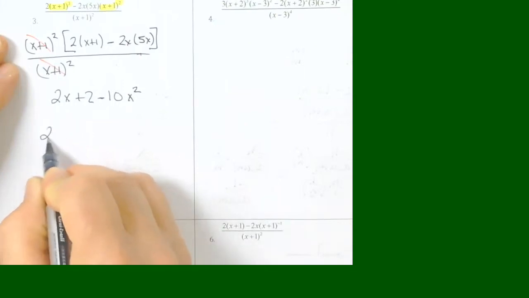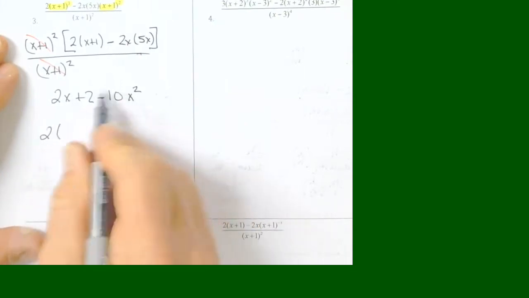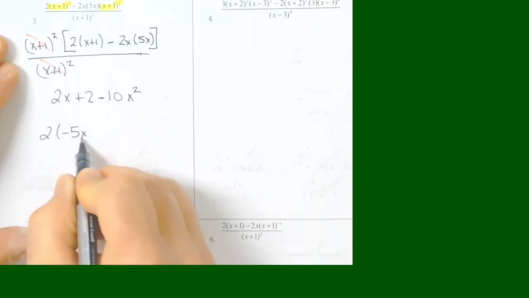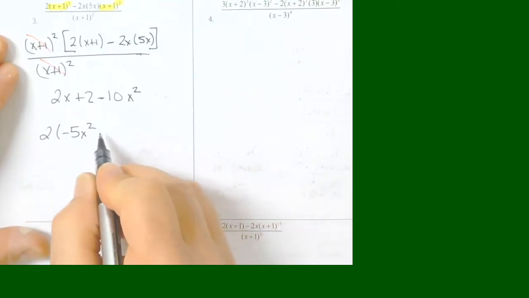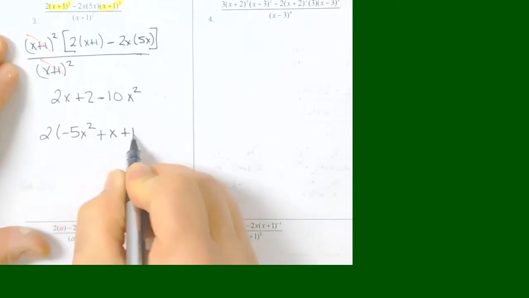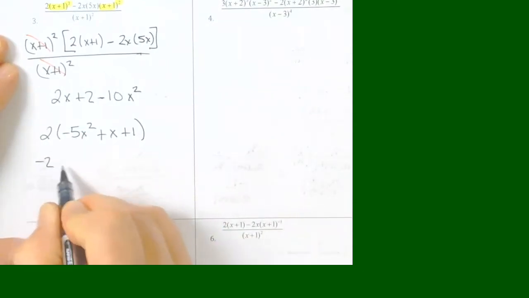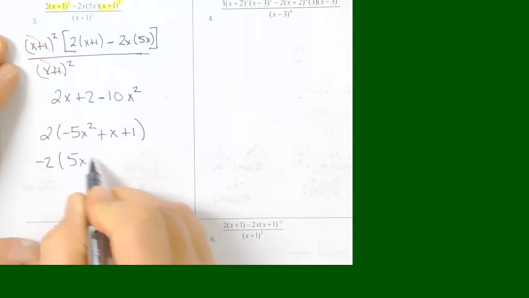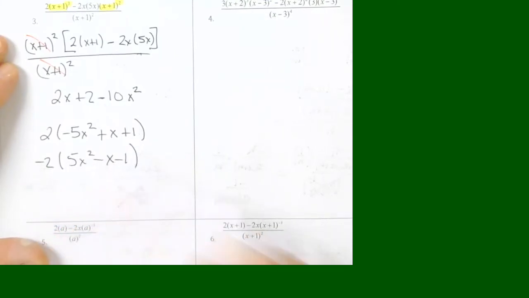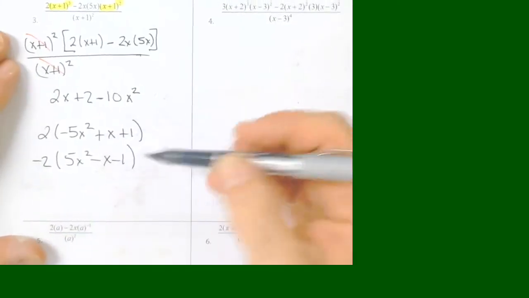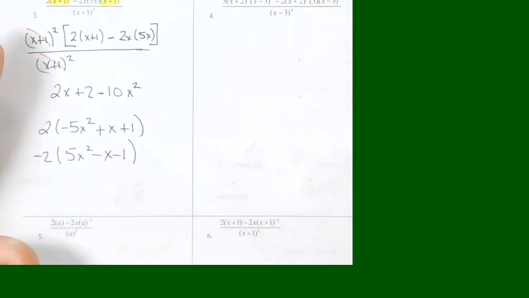If I factor that 2 out and reorganize, I'll get negative 5x squared plus x plus 1. Or if I want that to be positive, I could pull the negative 2 out: 5x squared minus x minus 1. Either of those are right. This doesn't factor any further, and so you're done.